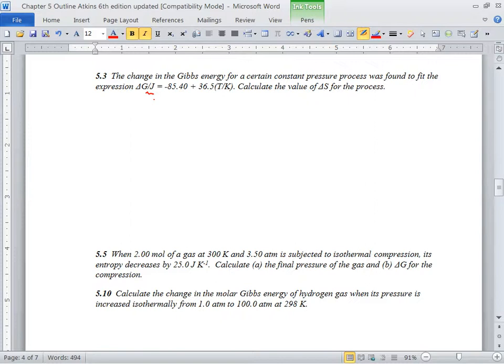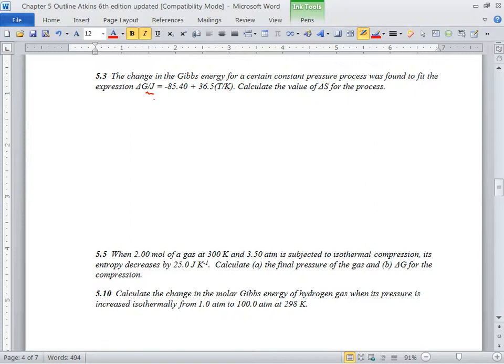It's V1 over V2. I did it wrong. I did 36 over 60. Remember, this is Atkins' convention here. The slash J means that delta G has to be in joules. It's not part of the equation. It's just that delta G has to be in joules, and T has to be in Kelvin.